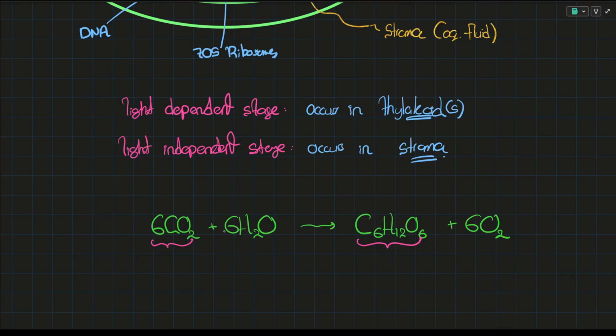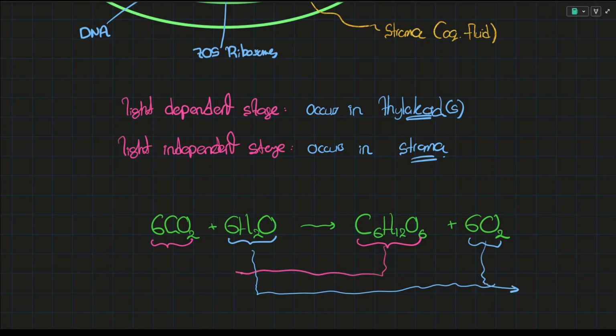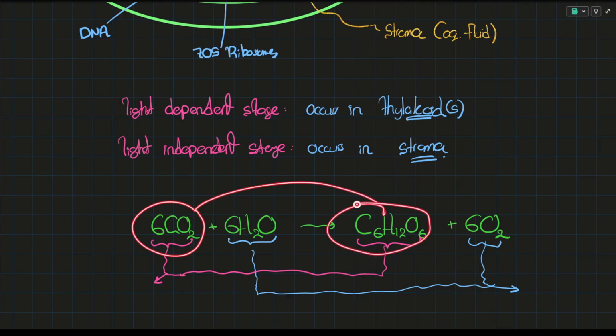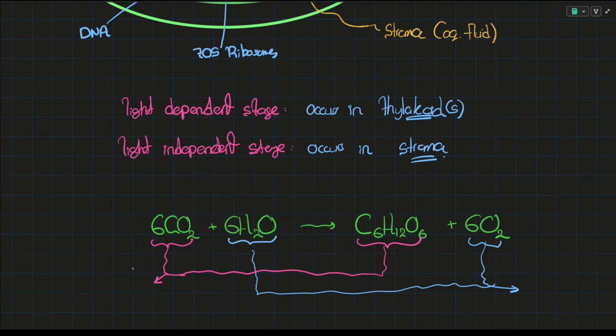I'm going to group them like this. So the water along with the oxygen gets its own group, and the glucose along with the carbon dioxide gets its own group. For what and how? Here's the deal. Carbon dioxide and glucose are utilized and produced in the light independent stage.